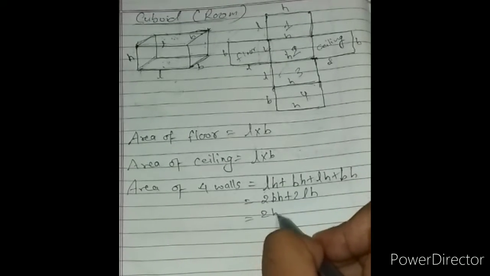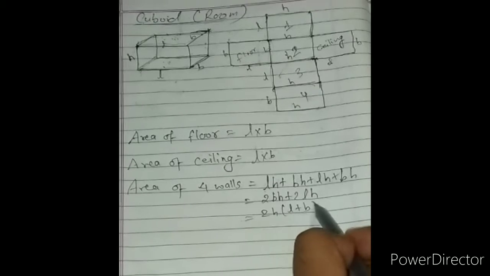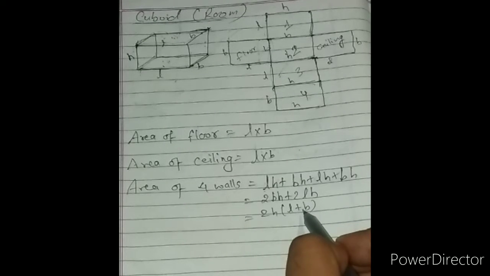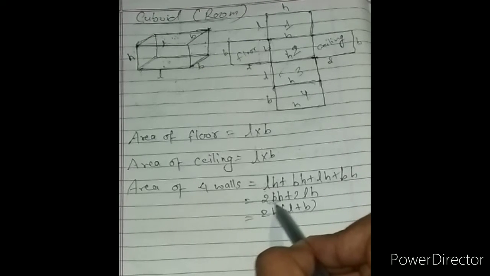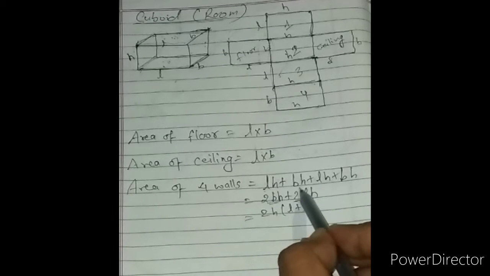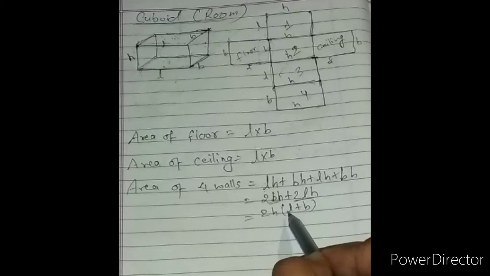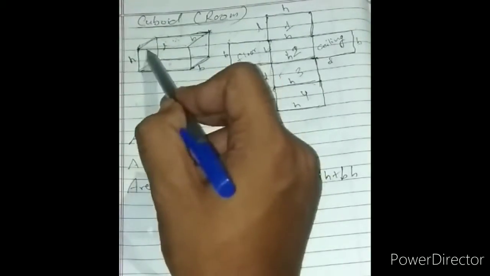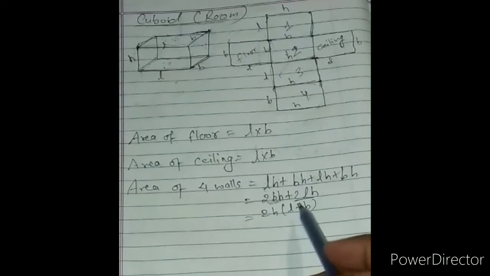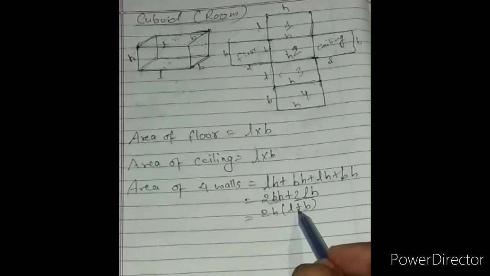Now 2H common, L plus B. 2H(L plus B) is the area of four walls. This 2BH is the faces along the breadth, and 2LH is the faces along the length. So 2H(L plus B) is the formula to calculate the area of four walls.